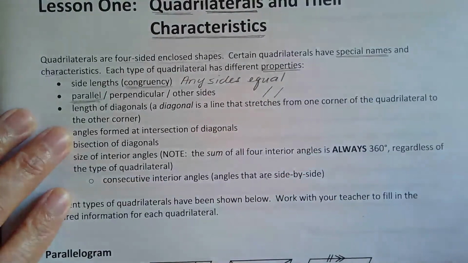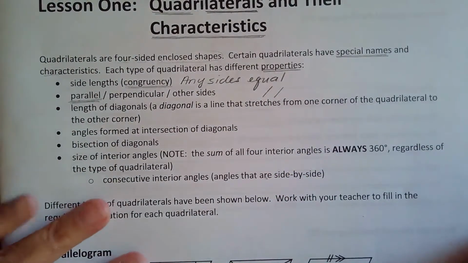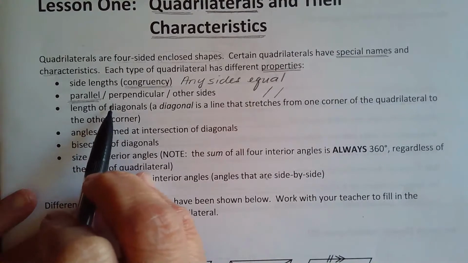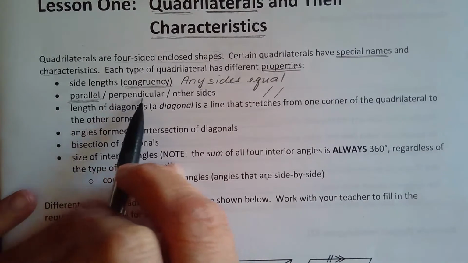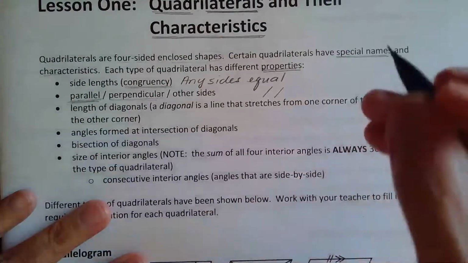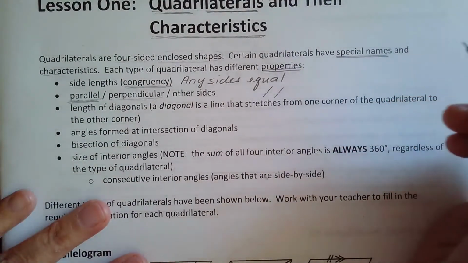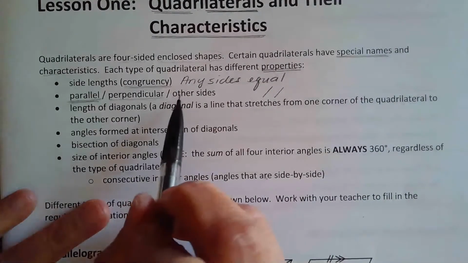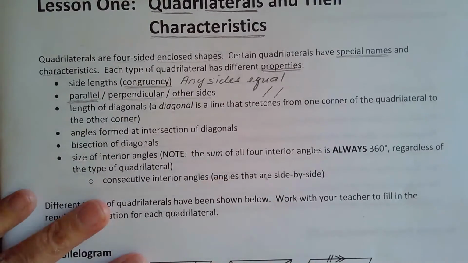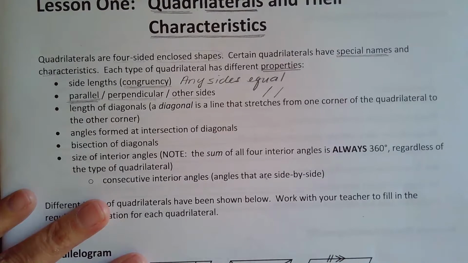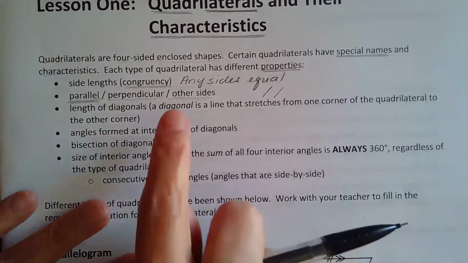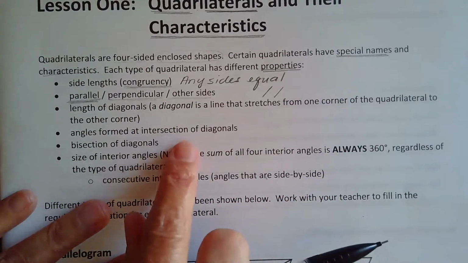These two are parallel. And then perpendicular. What does perpendicular mean? Perpendicular means it creates a 90-degree angle. And then pertaining to the other sides, some are not parallel, some are not perpendicular, and we will talk about that too.